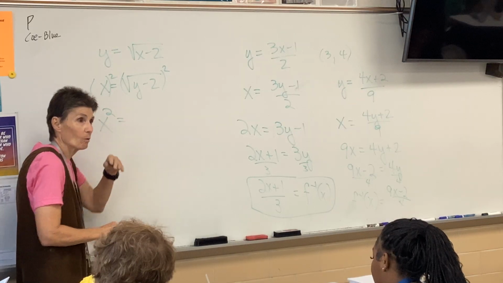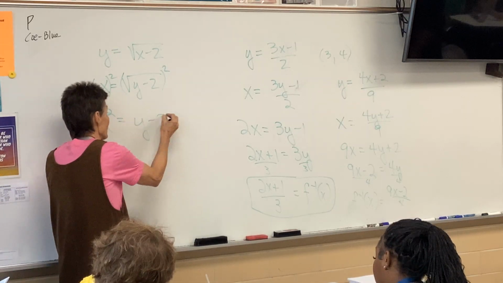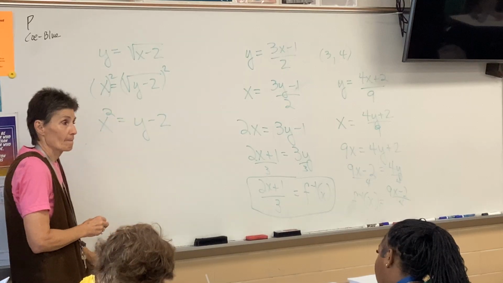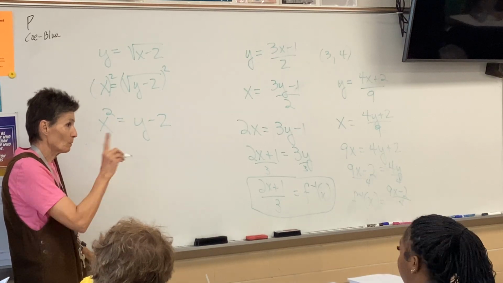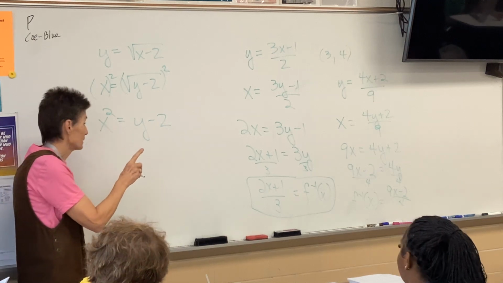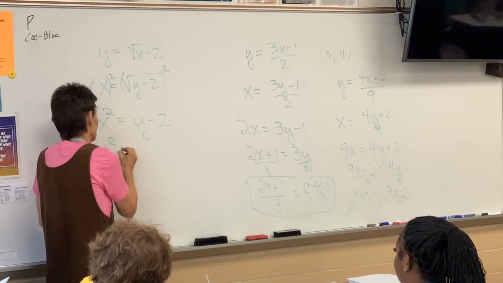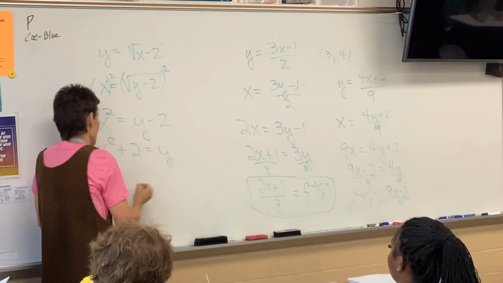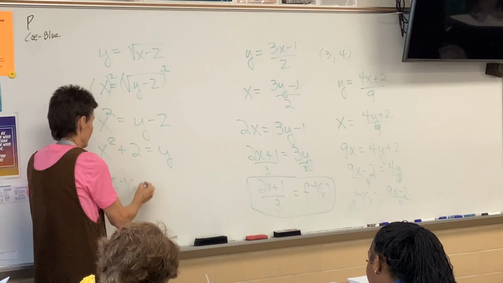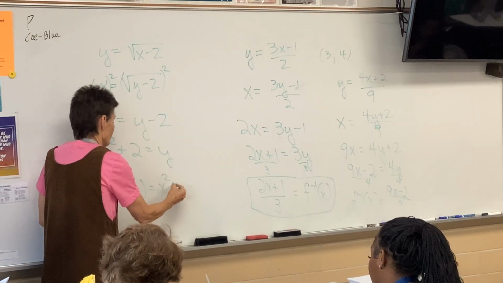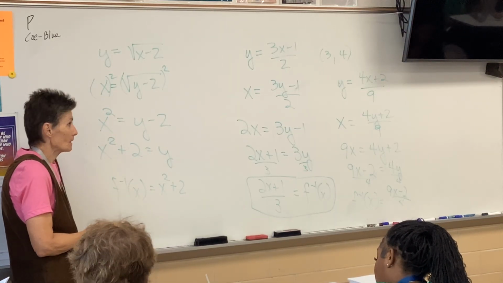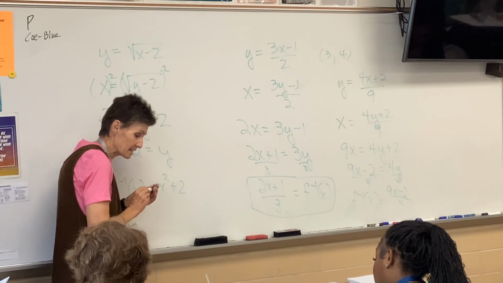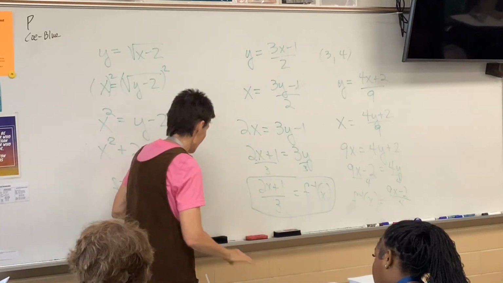They cancel, and all we have left is y minus 2. And remember, we're getting y by itself. Add 2. So we'll add 2. And that will be our inverse. x squared plus 2. So the problem was different, but the steps are exactly the same.